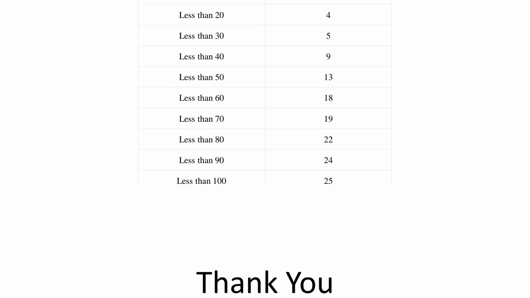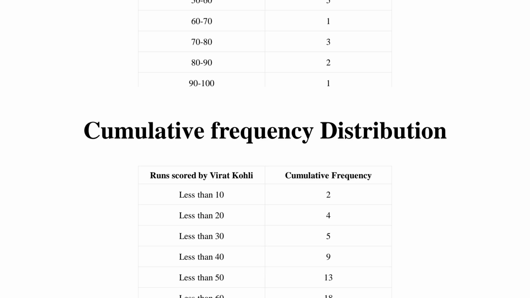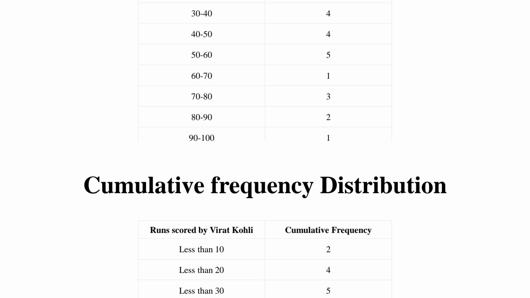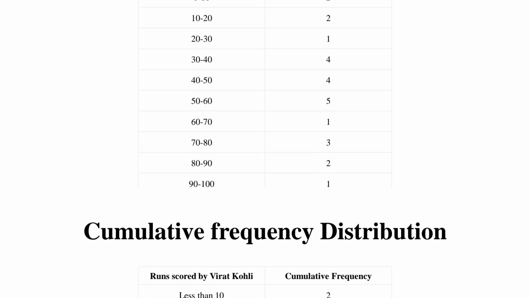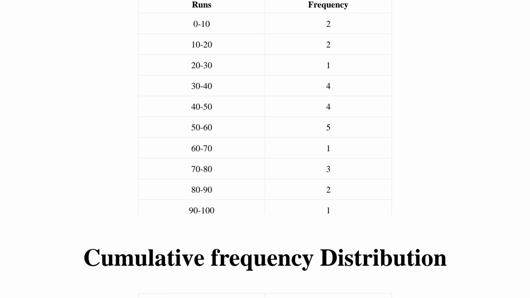In the same way we can also go for more than type. In more than type we start from the last interval, more than 90, and so on. In less than type we consider the upper boundary values, that is, less than 10, less than 20, less than 30. When we take more than type, we have more than 0, more than 10.